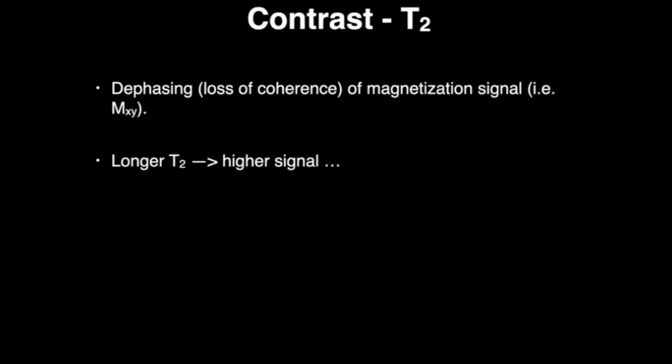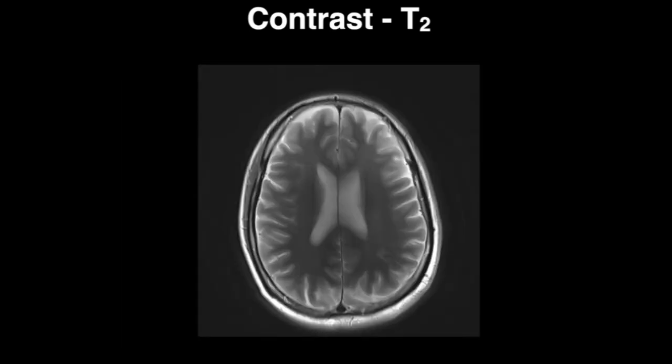Okay. So this is what a T2 weighted image now looks like, where the gray matter has a longer T2, so in this case, it is brighter. Here, the white matter, the axons, the fibers, have shorter T2s, so those decay away more quickly, so you have a darker signal here.